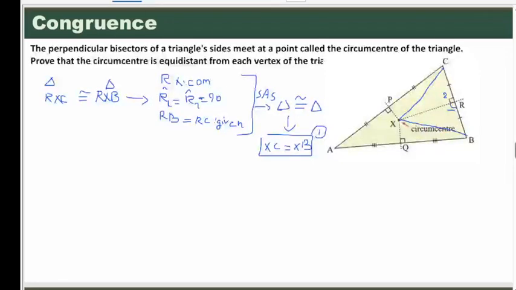I will go for step 2. Let me change my color. Now I draw a line between X and A, and X and C again, but this time with a red color. Here P1 and P2 are equal, 90 degrees. So first of all, let me write triangle PXA.